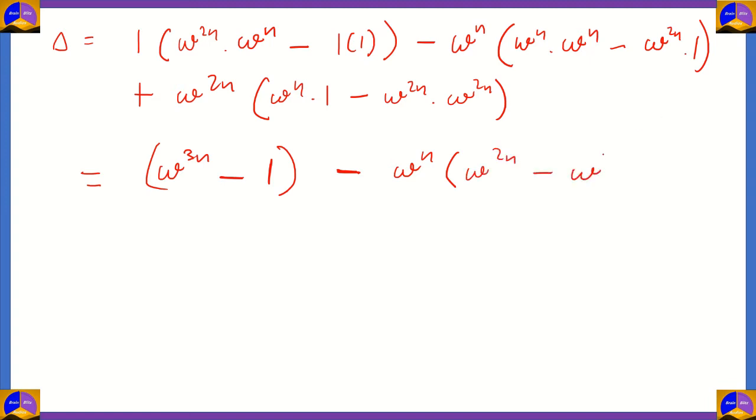Minus, there's already an omega raised to 2n here, so that's settled. And for the last bracket, you will have omega raised to 2n times omega raised to n minus omega raised to 4n.